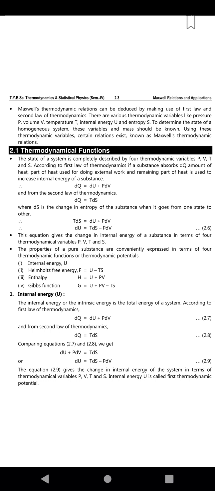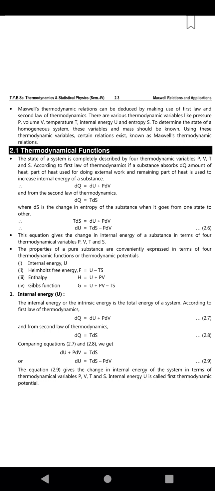Therefore, according to the first law of thermodynamics, dq equal to du plus p dv, where u is the internal energy, p is the pressure, v is the volume, and q is the amount of heat absorbed. Again, from the second law of thermodynamics, we have the equation dq equal to T ds, where T is the temperature and S is the entropy. You know that entropy is the disorder in the system.